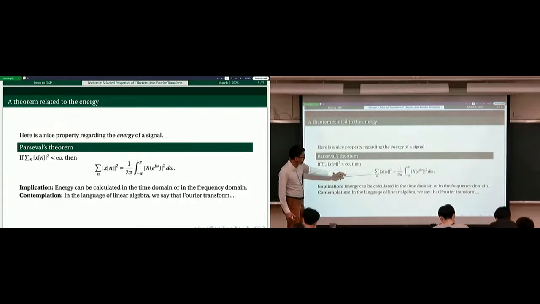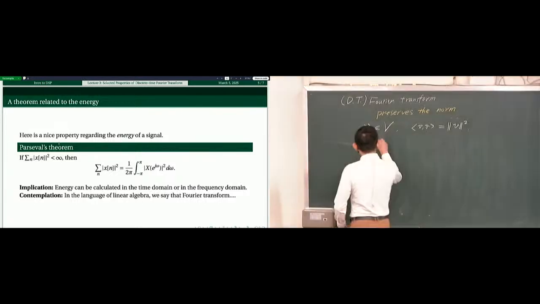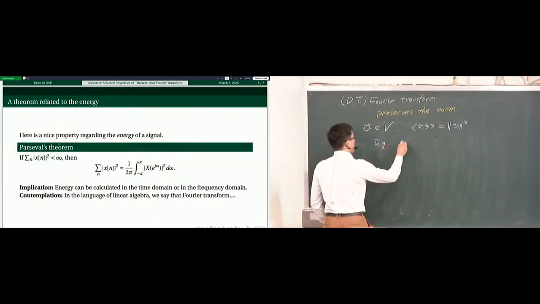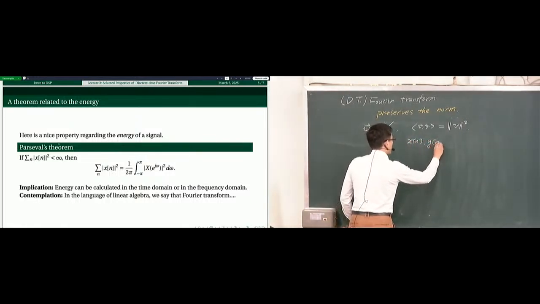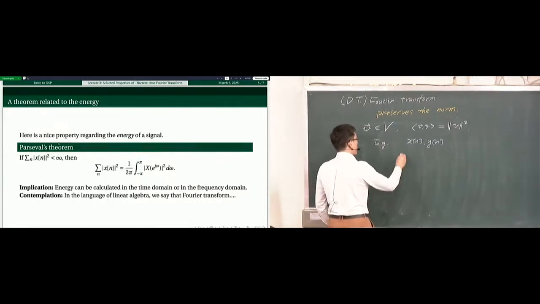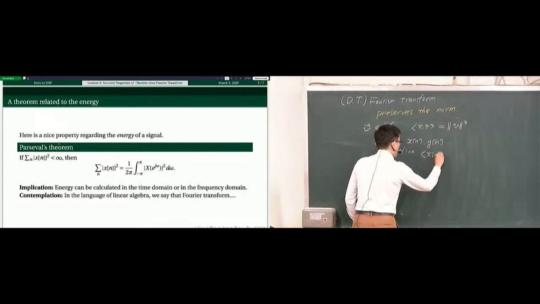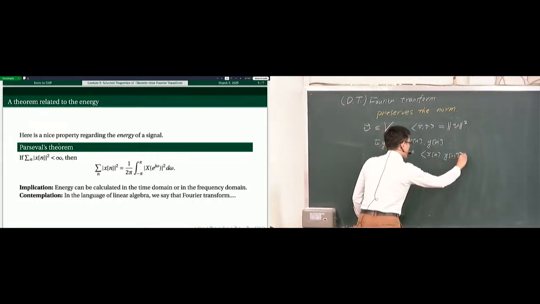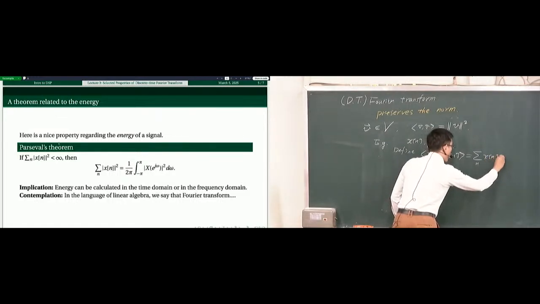Norm square on the left-hand side. And what's on the right-hand side? The right-hand side is just a similar operation, but in the frequency domain. Okay. So for any x and y, for any two signals, we can define the inner product as the sum of x[n] times y conjugate [n], for a complex valued signal.